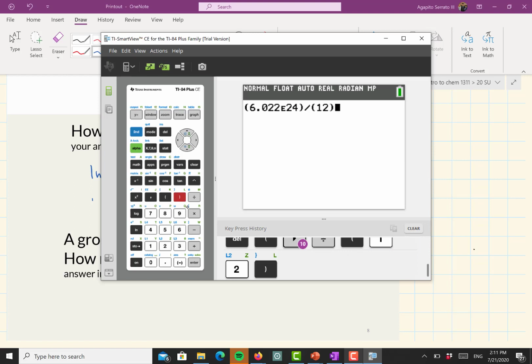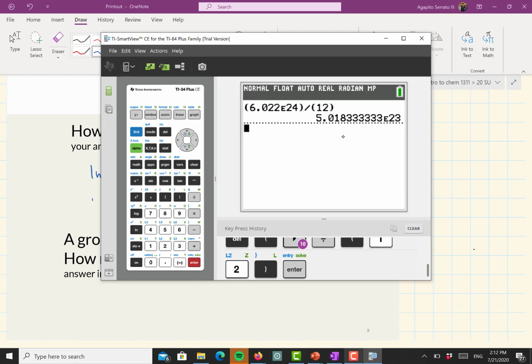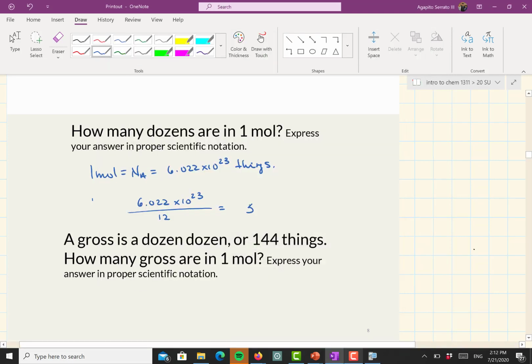Okay. Enter. And so it tells us that there are 5.01333 going on forever dozen in that number.